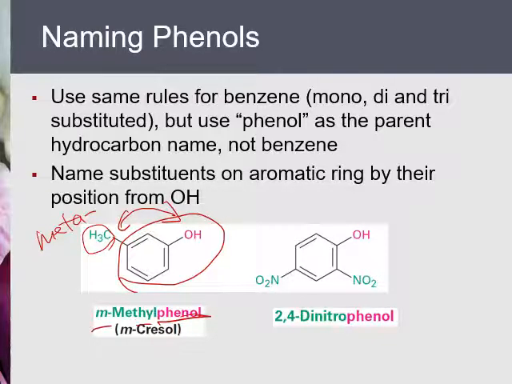If you have more substituents, as in the second molecule, it's a phenol, and the carbon connected to hydroxy automatically becomes number 1 carbon, and so number 1, 2, 3, and 4, and therefore the name should be 2,4-dinitrophenol.